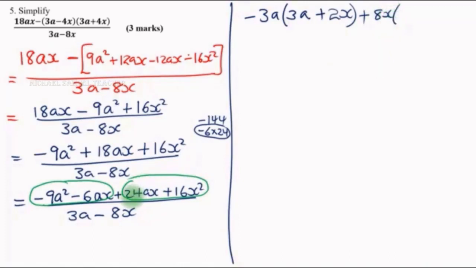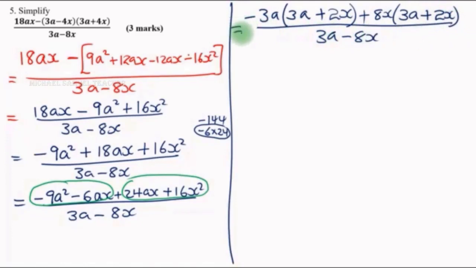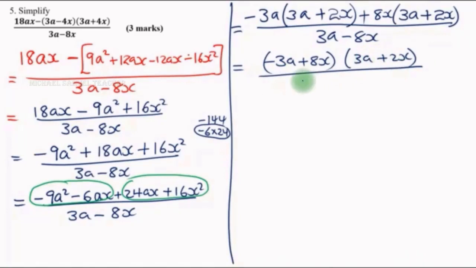So minus 24ax divided by 8x, that will be 3a. Then 16x squared divided by 8x, we get plus 2x. Close the bracket. Then everything all over 3a minus 8x. Then from there, this will be the same as minus 3a plus 8x multiplied by 3a plus 2x all over 3a minus 8x.